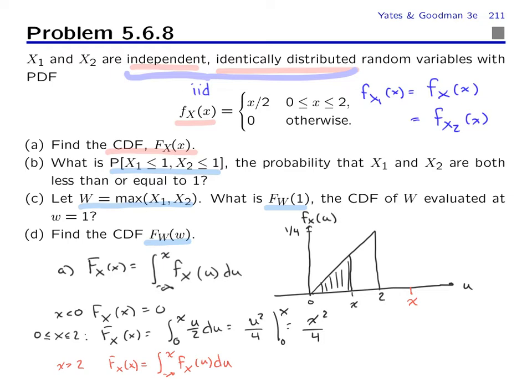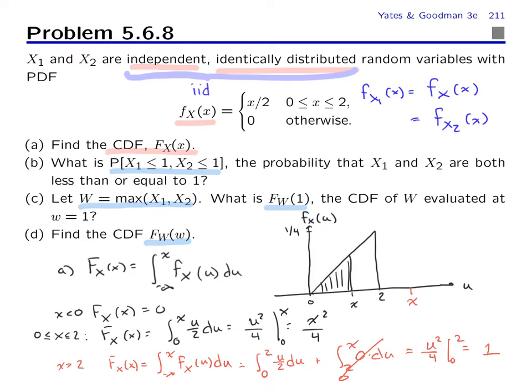So what we obtain is the integral from 0 to 2 of u over 2 du. If we want it to be really clear, there's also an integral from 2 to x, but the PDF is 0 over that interval, so it's 0 du. So this integral is 0, and we get u squared over 4 from 0 to 2, and that's equal to 1, exactly as we would expect, because the random variable x is always less than or equal to 2.